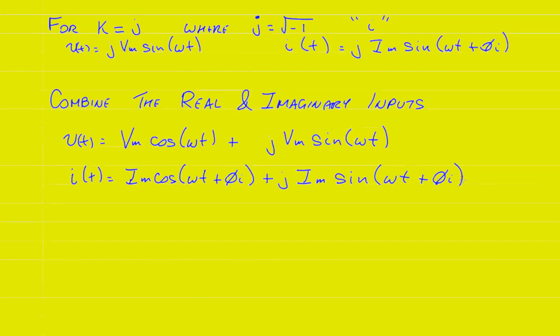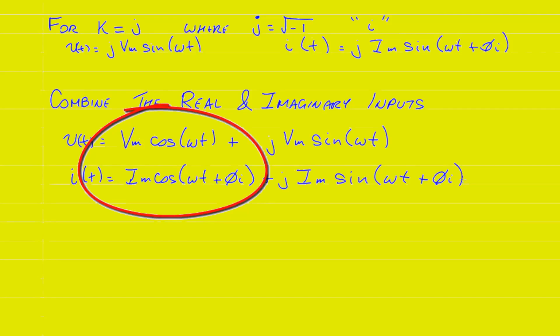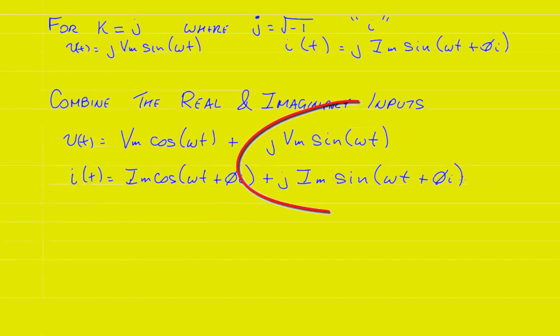Mathematically, we can apply such a function to a circuit, and we know based on superposition that the input that was real will give rise to the real output, and the imaginary input will give rise to an imaginary output. We can't really do this in practice, but mathematically we can apply it, and this turns out to lead to a very convenient way to represent signals.